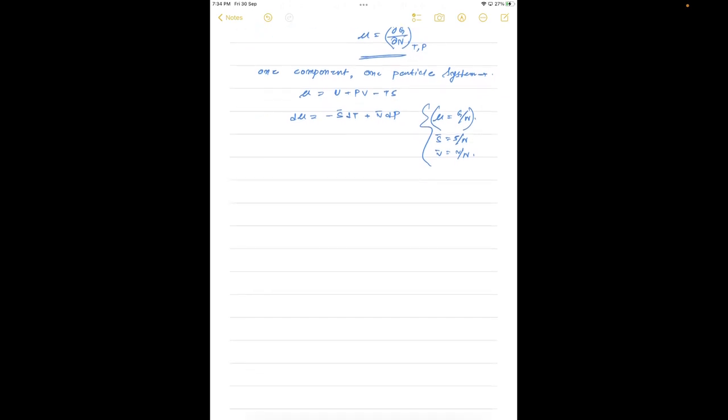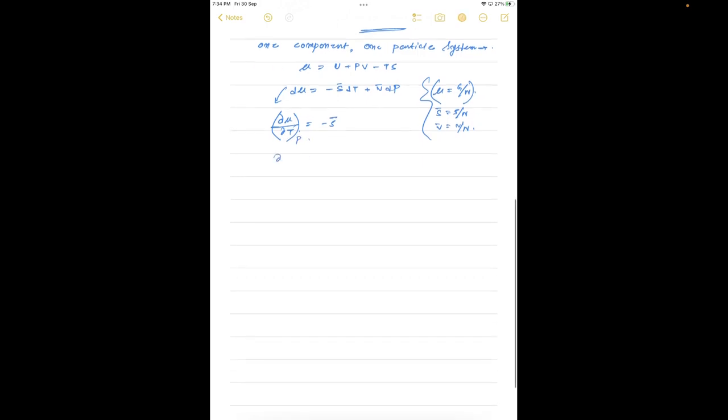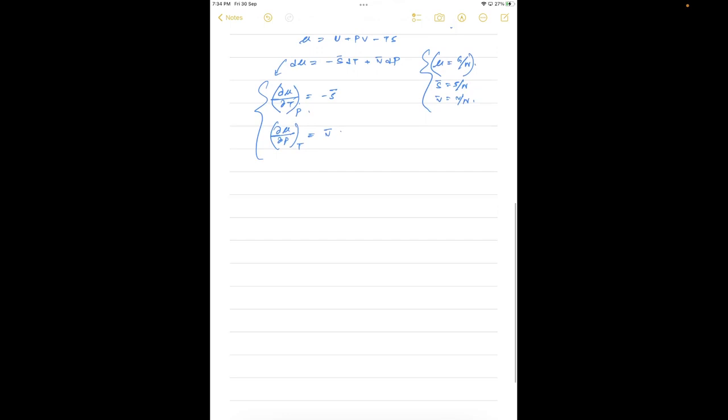Now if you differentiate with respect to temperature from this equation, del mu del T, you will get minus of s bar at constant pressure. And if you differentiate mu with respect to pressure at constant temperature, you will get v bar. You call this our Maxwell relation, right, thermodynamic relation. So del mu del T is minus of s bar, the negative of the absolute entropy.